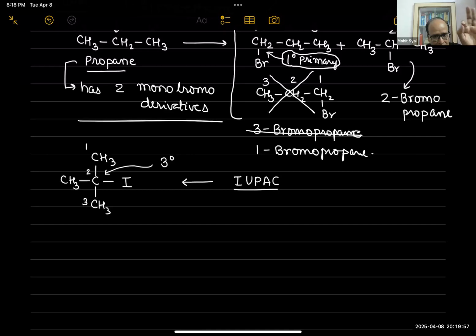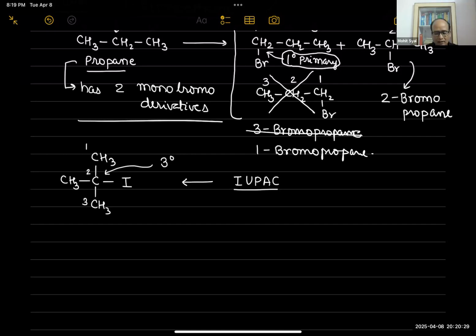So first, I need to select the longest chain. Ibrahim, Jaslin, Zainab, is that clear? Yes, sir. Okay. I should do the numbering from one end to another end of that longest chain, and it should start from the end which gives the smaller number to the carbon atom carrying the iodine or side chain.